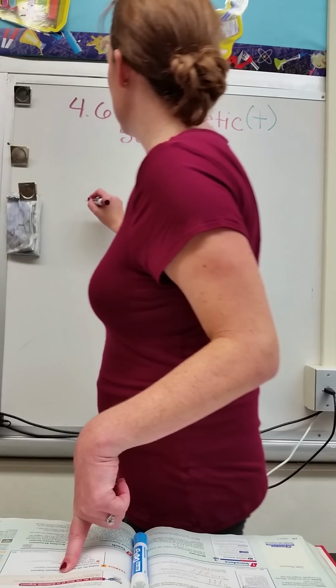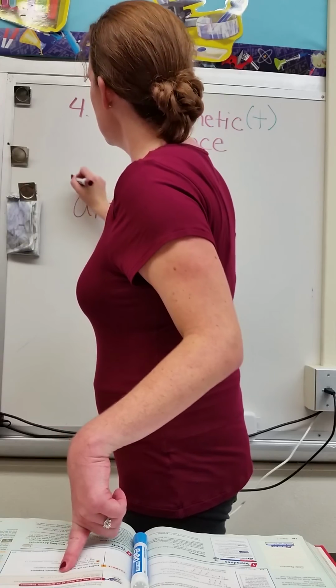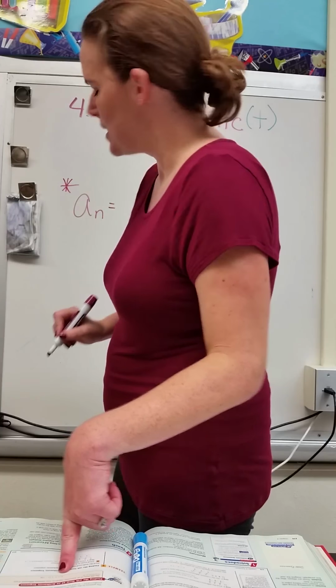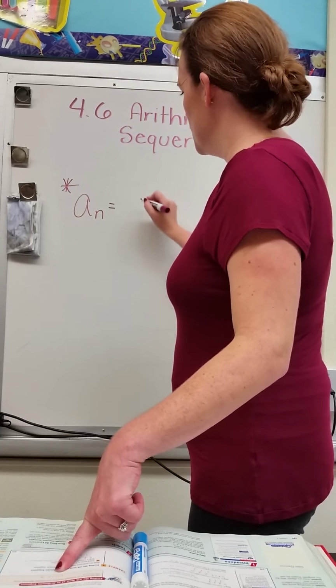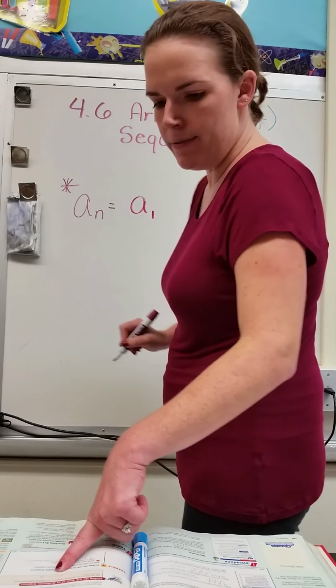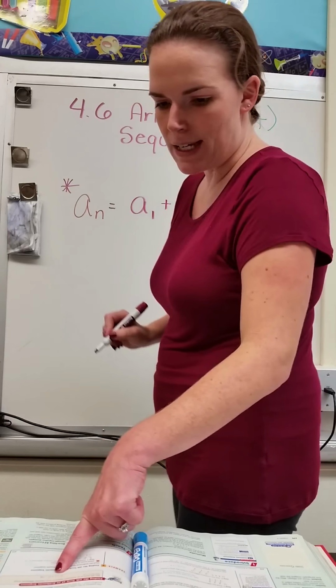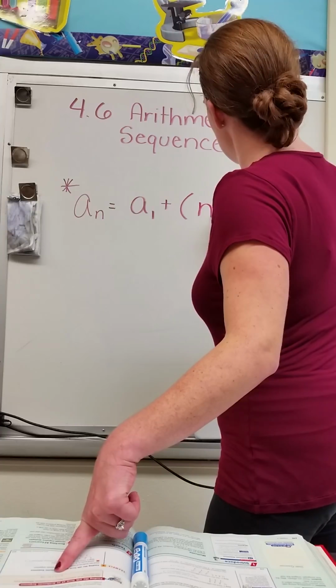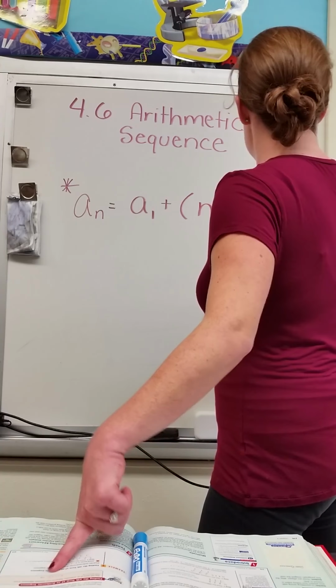Hopefully doing enough problems, you just kind of learn what it is. The formula that you need to know for an arithmetic sequence is a sub n equals a sub 1 plus parentheses n minus 1 times d.